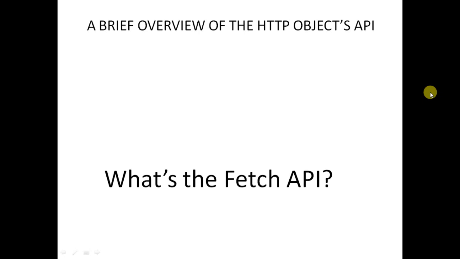In this lecture, I am giving you a brief overview of the HTTP Object API. Web applications run HTTP requests asynchronously, so the UI remains responsive and the user can continue working with the application while the HTTP requests are being processed by the server.